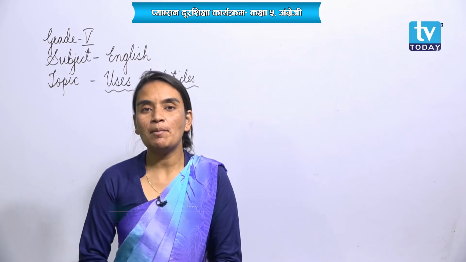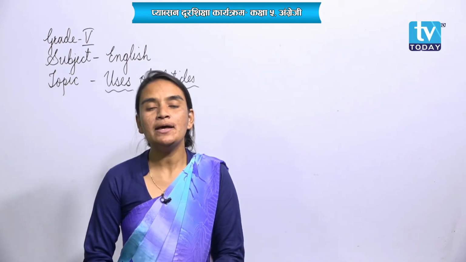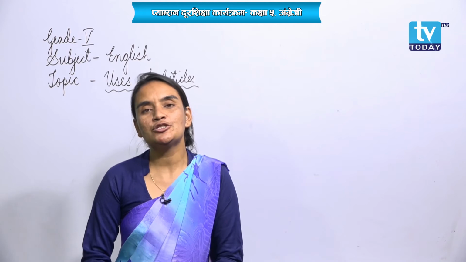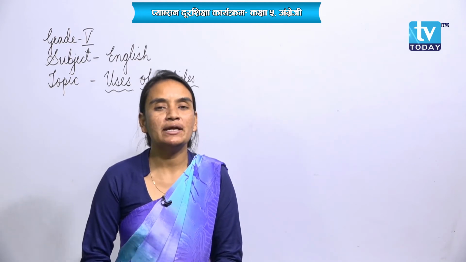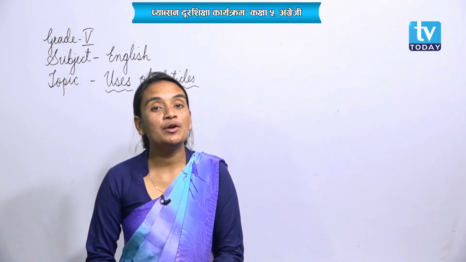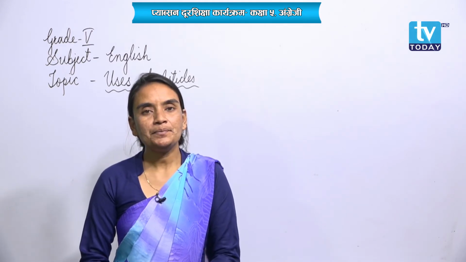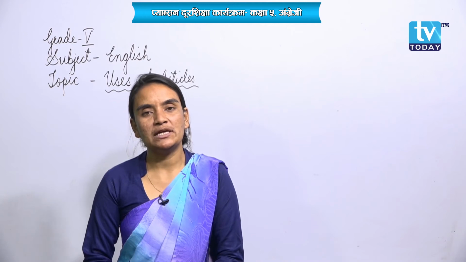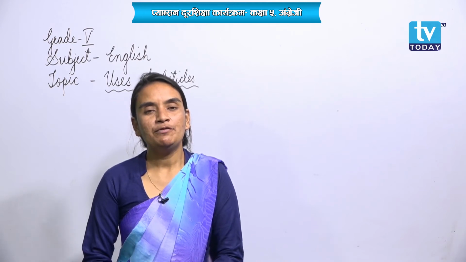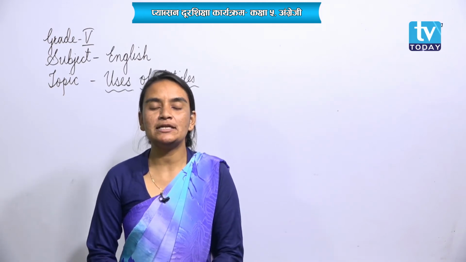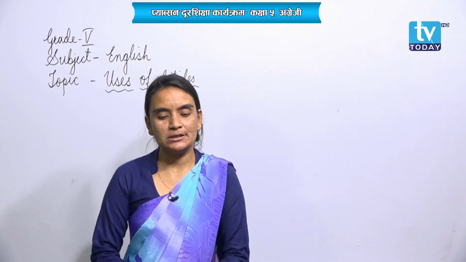You might have learned about countable and uncountable, and in our earlier classes we also covered singular and plural nouns. So, we may not feel difficulty using a with them: singular number, countable noun. If that is fine for all the students, let us move to the second rule.